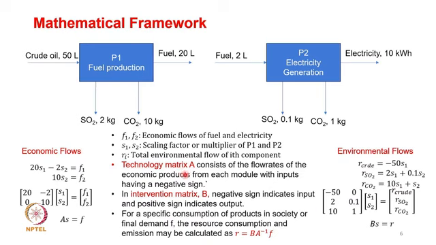Then we can create what we call a technology matrix. The technology matrix would consist of the flow rates of the economic products from each module, with inputs having a negative sign, just to capture the directionality. What we later get is an intervention matrix.